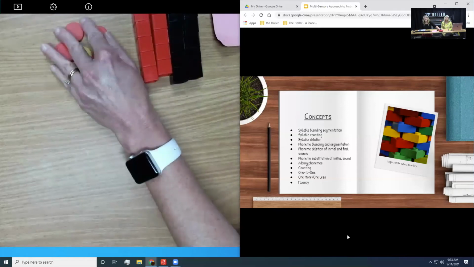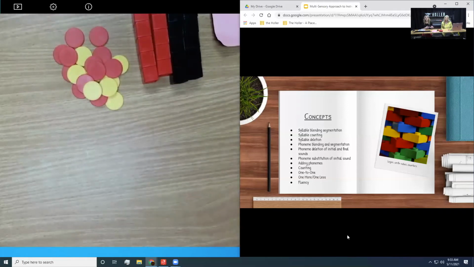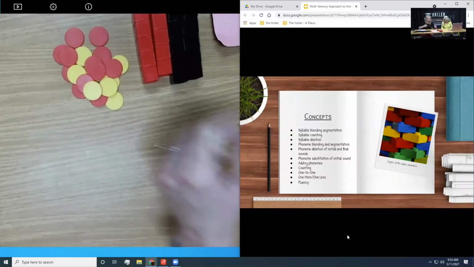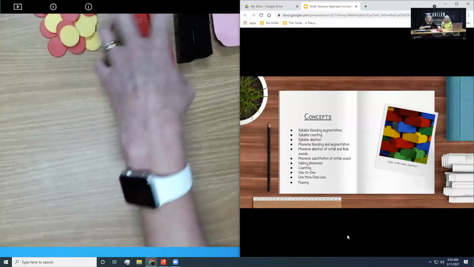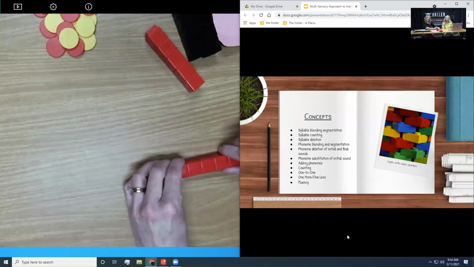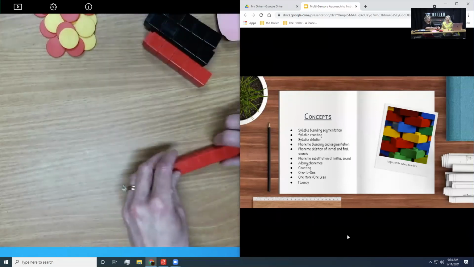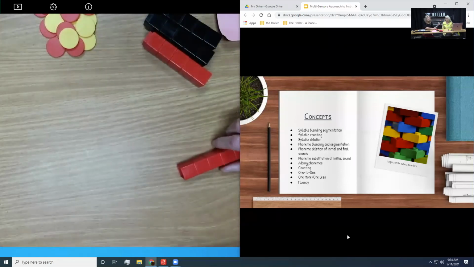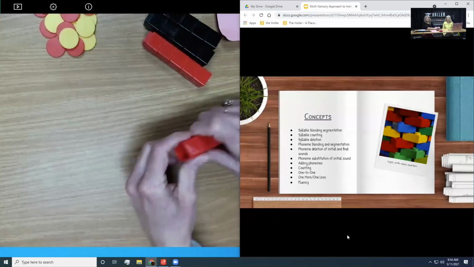Okay, so the first one is syllable blending and segmentation. For this one, I am going to use Unifix cubes just because they stick together, and it gives them that visual concept of blending together.